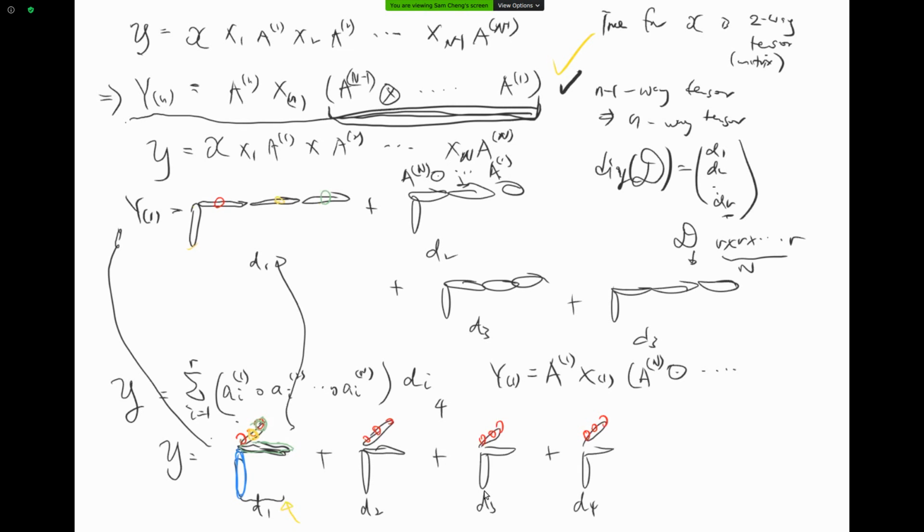And this Khatri-Rao product essentially corresponds to these things here. So I guess that's it.